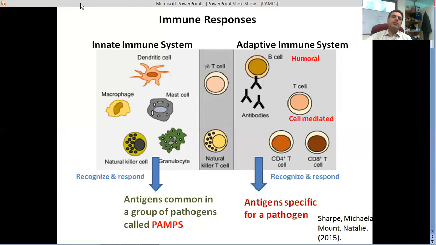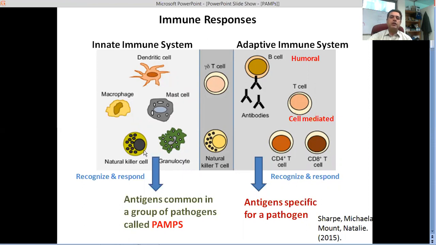This system would respond in a more general way, while the adaptive immune system would respond in a more specific way, targeting a specific bacteria, which is Salmonella typhi. So the innate immune system would respond the same way in case of all gram-negative bacteria.